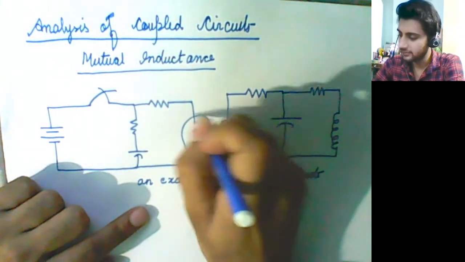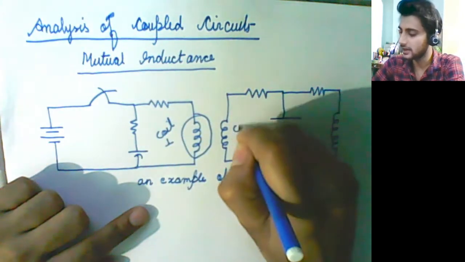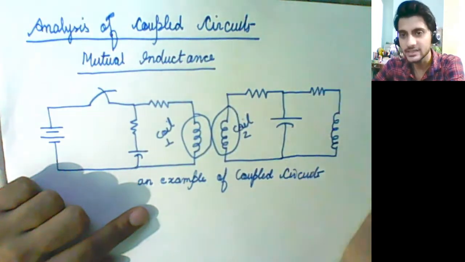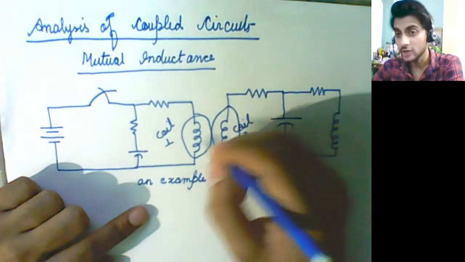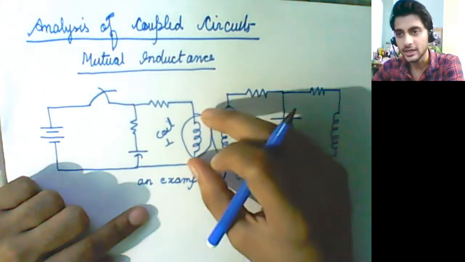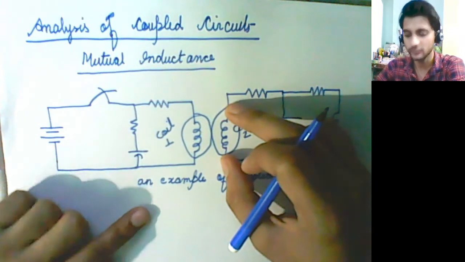this coil, which let me call coil 1, and this coil, let me call coil 2, are placed in the vicinity of each other, and because of that placement the current or the conditions of coil 1 will affect the performance of coil 2.